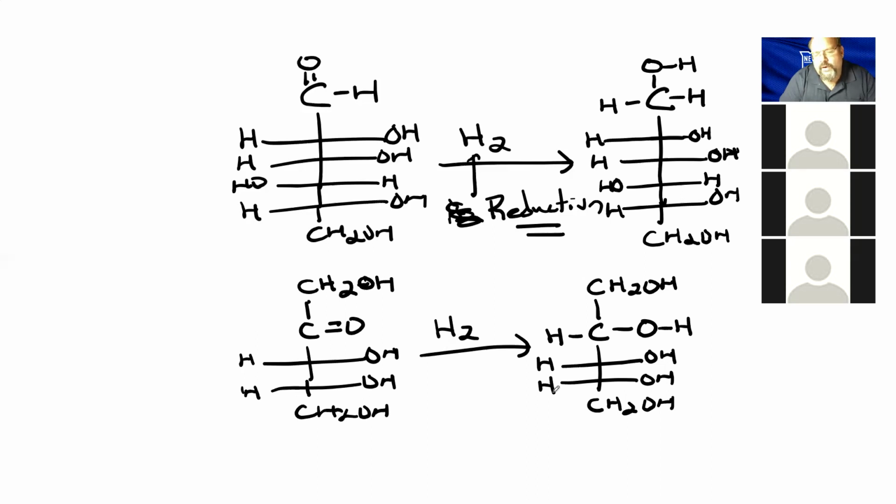In terms of ketoses, really fructose is the main one that's discussed. I don't really know if there are too many other ketoses discussed. It's really all about the aldoses, but it does turn out that all monosaccharides, even the ketoses, are reducing sugars.